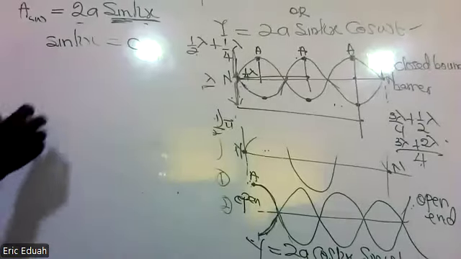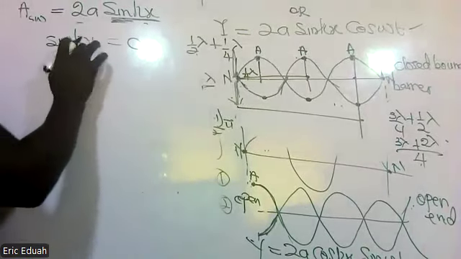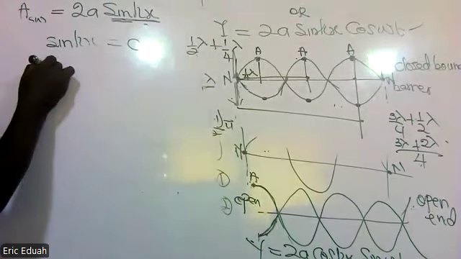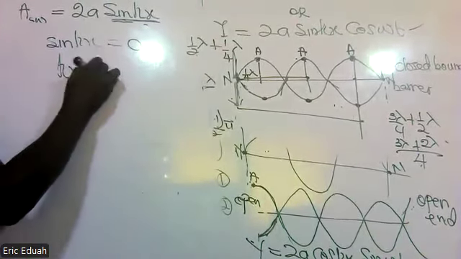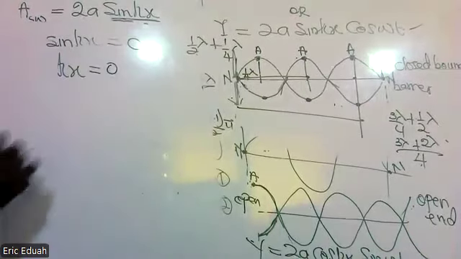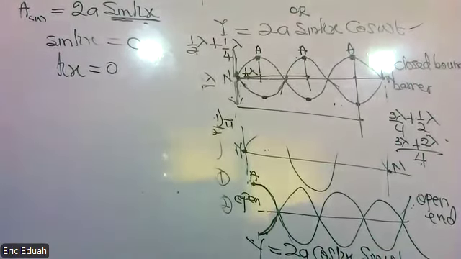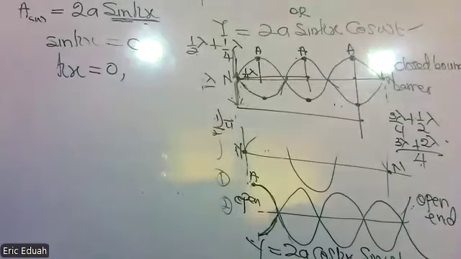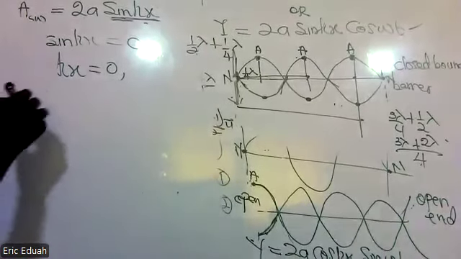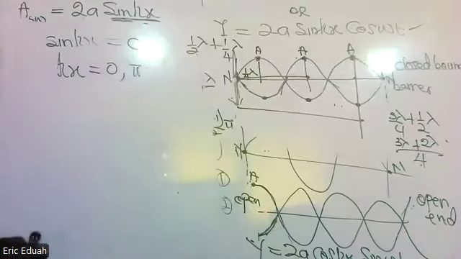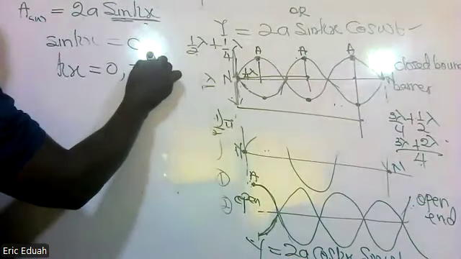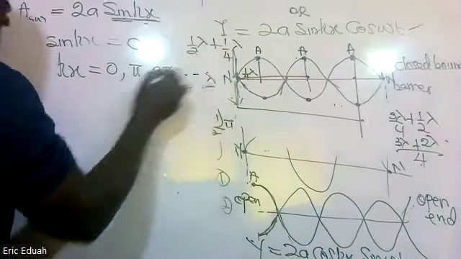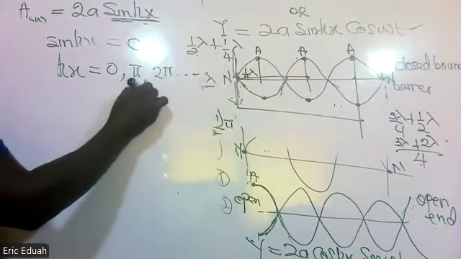So what are the possible angles where the whole of this will go to 0? We got kx equal to 0 if theta is 0. Then when theta is equal to 180, pi, when theta is 360, 2 pi, on and on. So generally, this is equal to n pi.